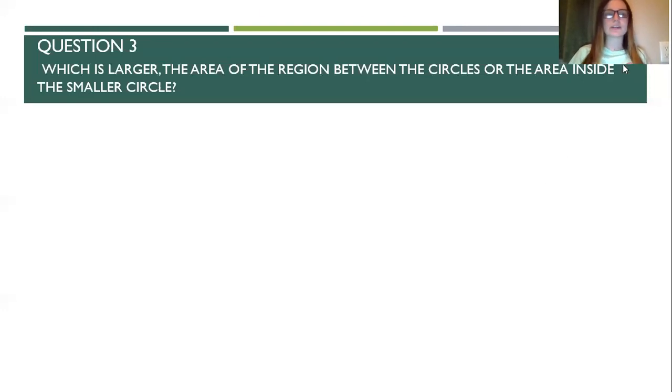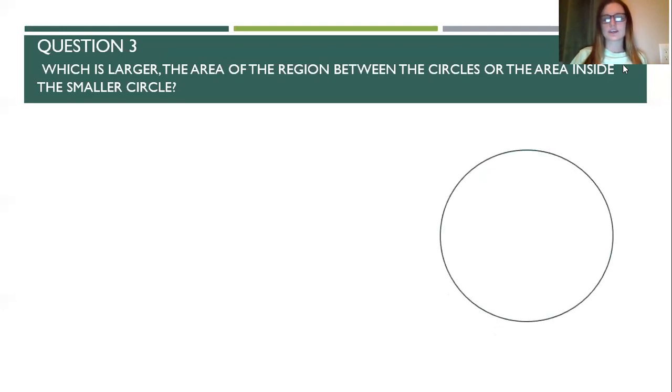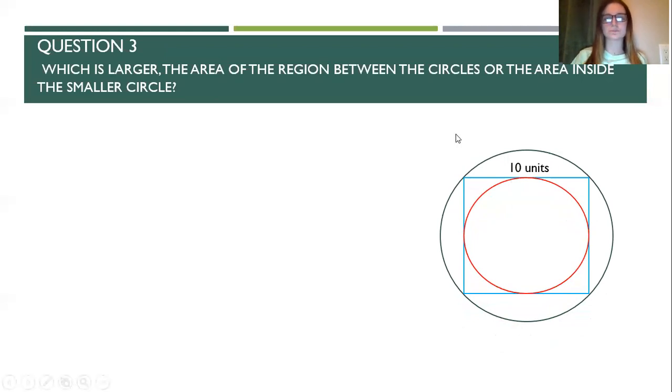So for number 3, we have to figure out which is larger, the area of the region between the circles or the area inside the smaller circle. Inside of our bigger circle, we have a square inscribed inside of it, and then we have a smaller circle inside of the square. And the side lengths of the square are 10 units long.